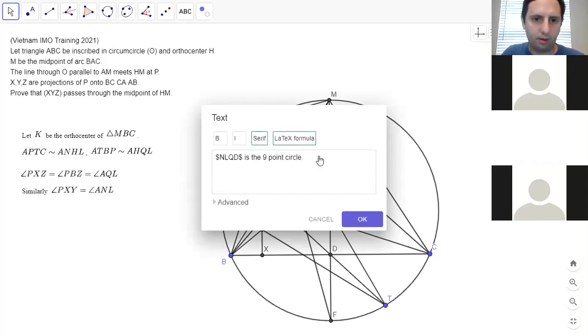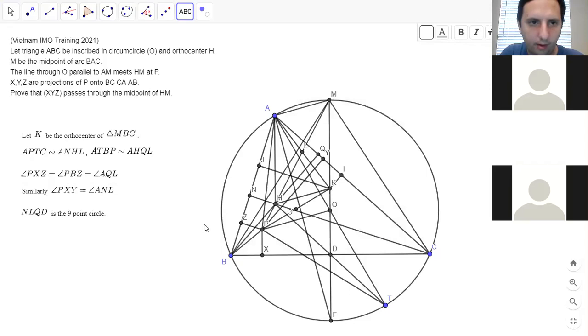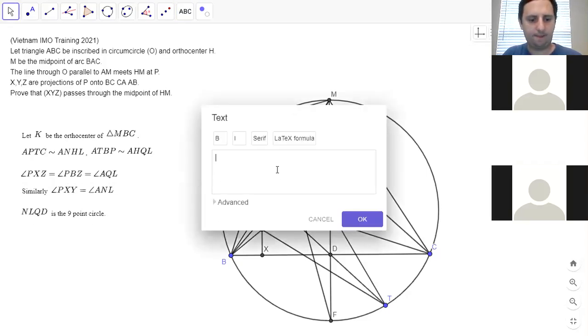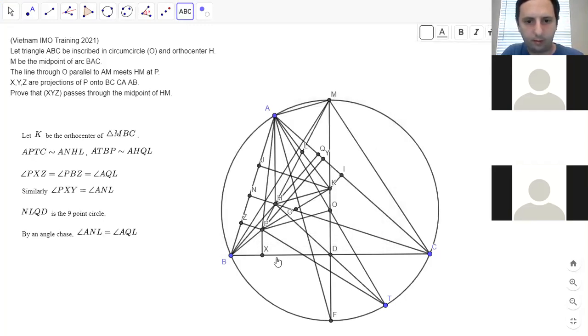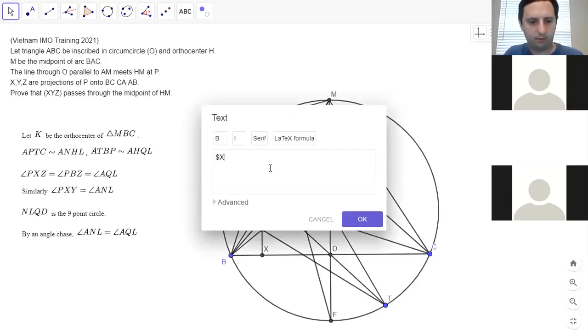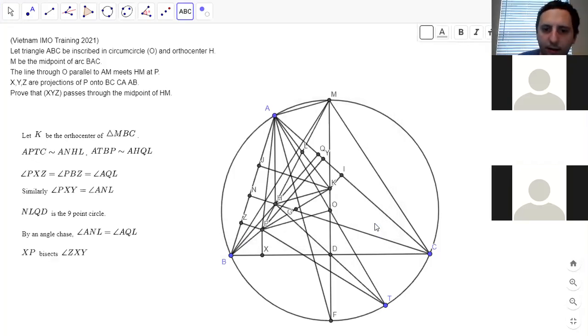And so then by an angle chase, ANL equals angle AQL. And that implies that XP bisects angle ZXY. And once we know that, does that prove that P and K are isogonal conjugates?